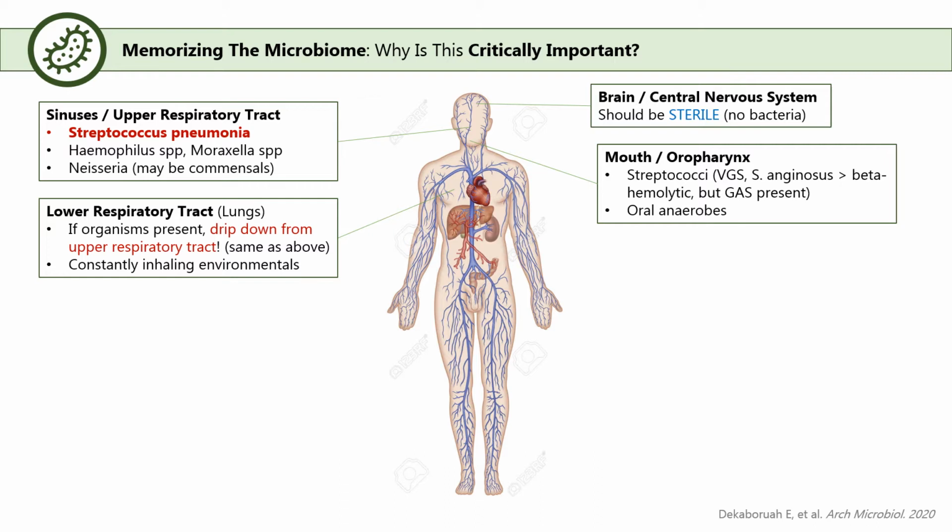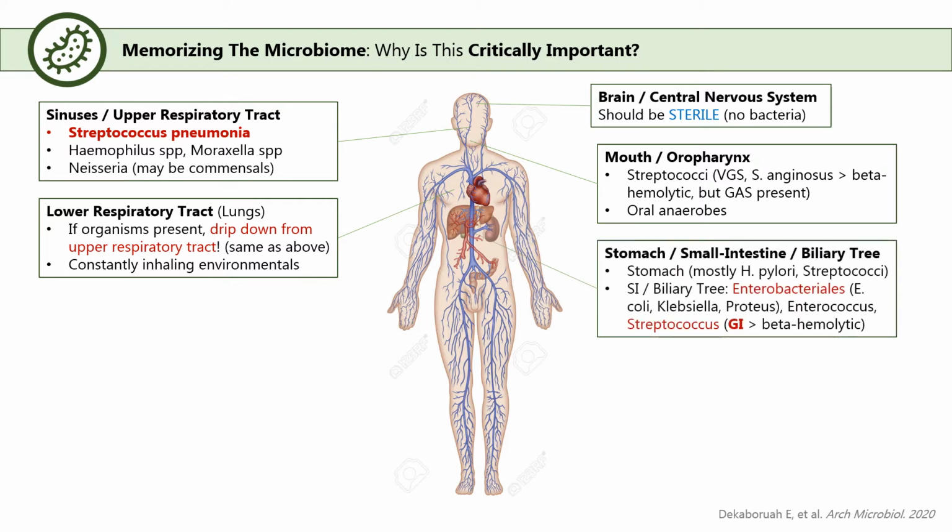Lower down in our GI tract, our stomach is mostly sterile, save for organisms like Helicobacter pylori, which can survive the stomach acid. Our small intestine and biliary tree, which extends all the way up into the pancreas, gallbladder, and the liver, share the microbiota of predominantly Enterobacterales, so E. coli, Klebsiella, and Proteus, Enterococcus, as well as Streptococcus.